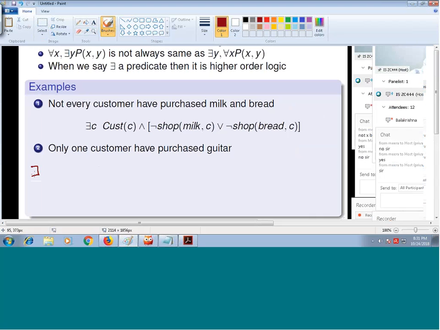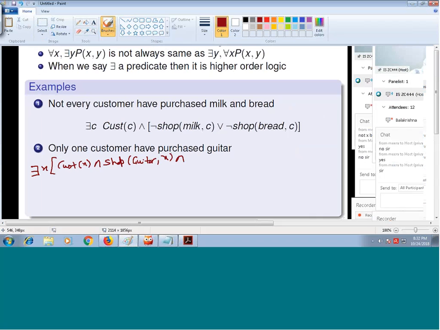So there exists X such that X is a customer, and X shops for the guitar. Let me write guitar X. This means he has shopped for the guitar. Alright, it is clear.